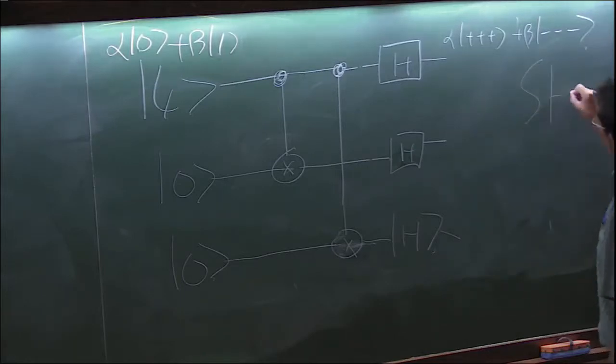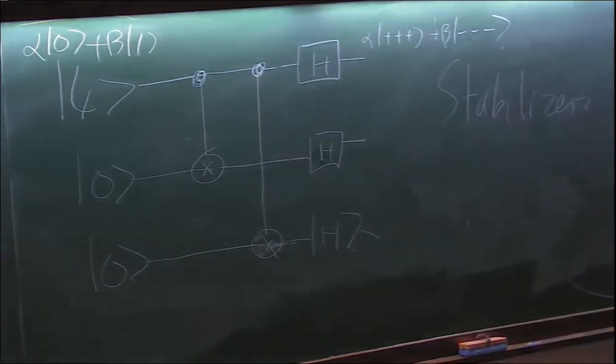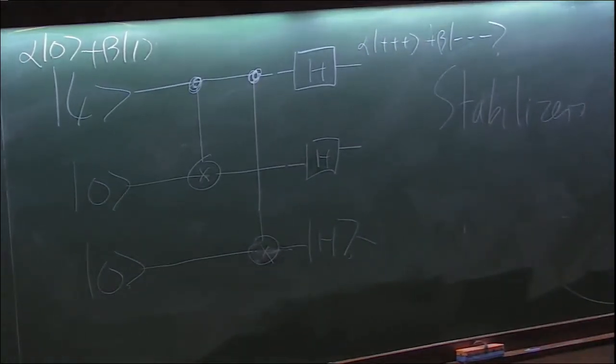So the stabilizers, then, since in the X basis the phase flip looks like a bit flip, will be the analog of Z1, Z2, and Z2, Z3, but we've got to convert to the X basis.